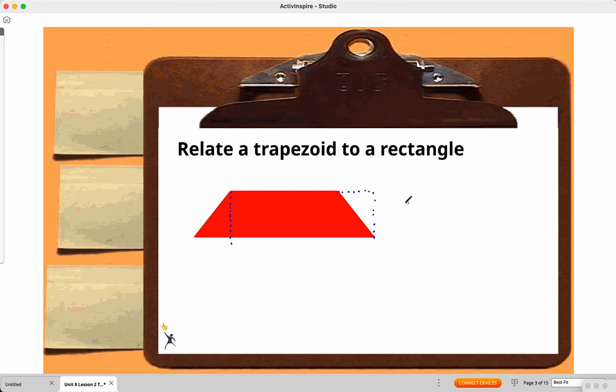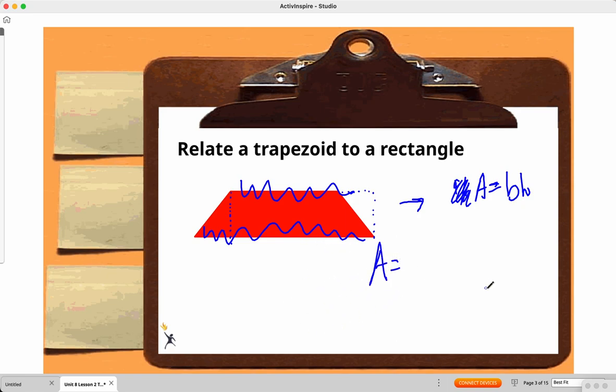So it is similar to area equals base times height. But the problem is I've got two different base lengths. I've got this length and this length at two different amounts. But what I can do is find the average of those two lengths. So area changes a little bit. It still uses height. It still uses the idea of base, but this time it has two different bases.